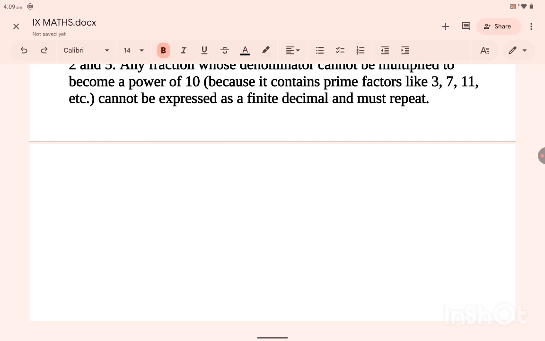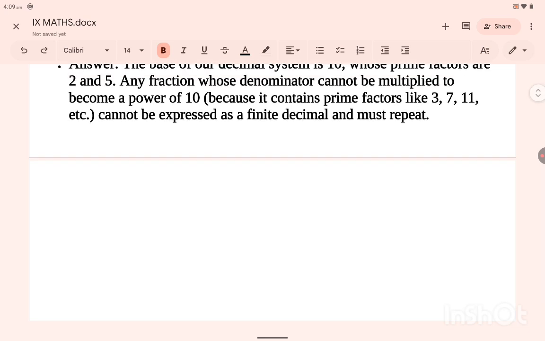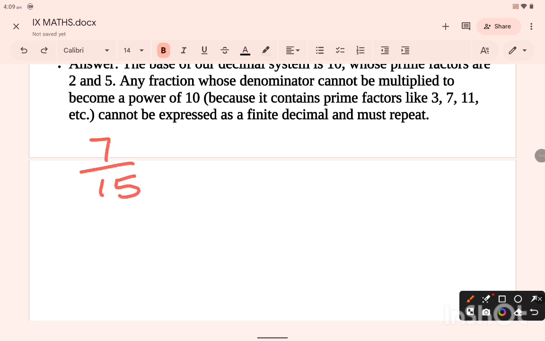Now, one more example. Suppose 7 by 15. 7 by 15 is in simplified form because 7, 15 have no common factors other than 1.